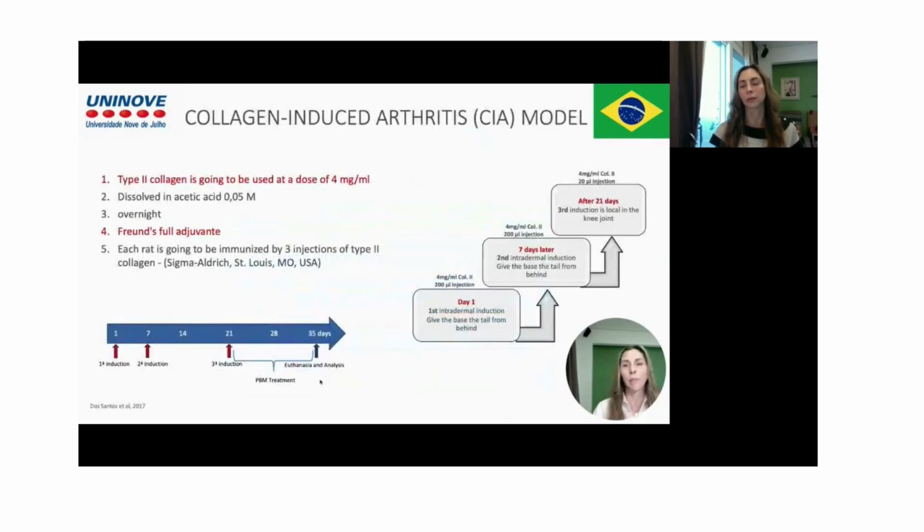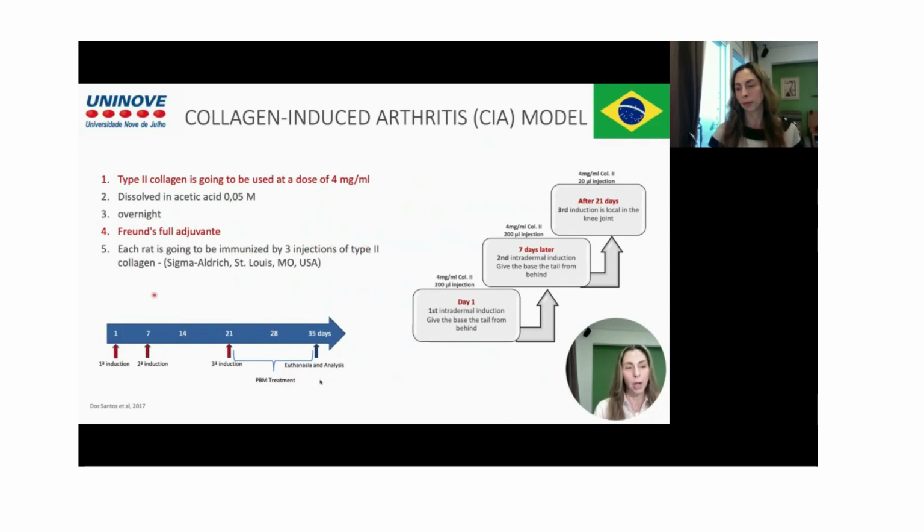The induction of rheumatoid arthritis using type 2 collagen with Freund's adjuvant is already known, and so it will be carried out in this way. Type 2 collagen is going to be used at a dose of 4 milligrams per milliliter, dissolved in 0.05 acetic acid overnight, with adjuvant, and each rat is going to be immunized by 3 injections of type 2 collagen.